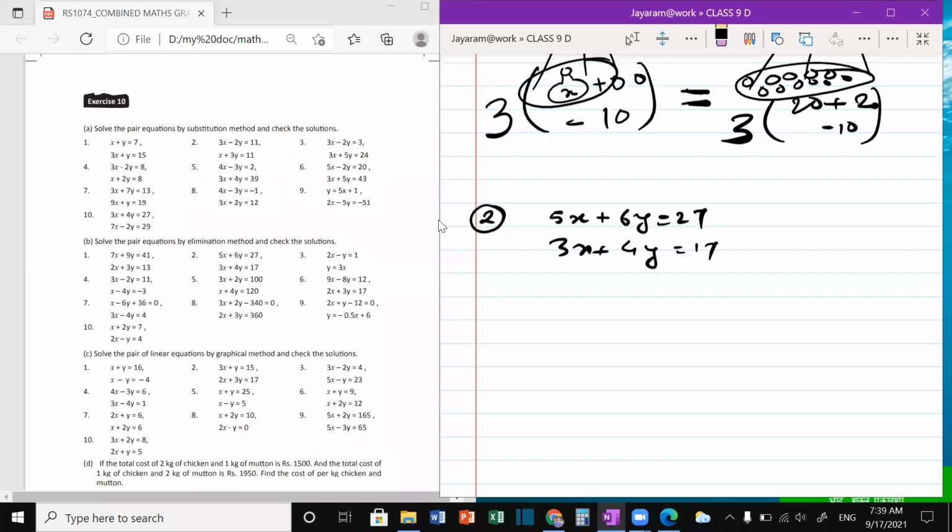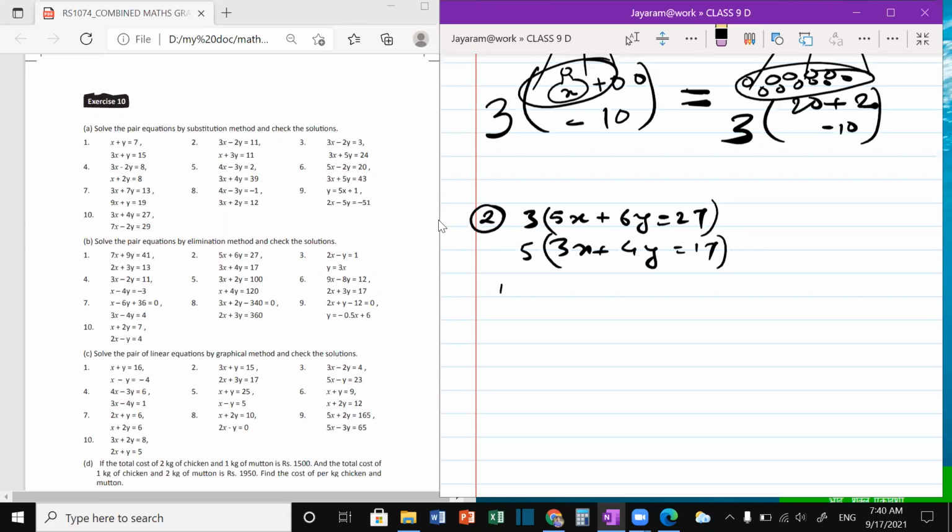In this case, 5 cannot be made 3, 3 cannot be made 1, 4 cannot be made 6, 6 cannot be made 4, because that doesn't come. So what you have to do in this case is multiply this 3 by 5 and multiply this 5 by 3. This is how we'll proceed. Now what to do here?